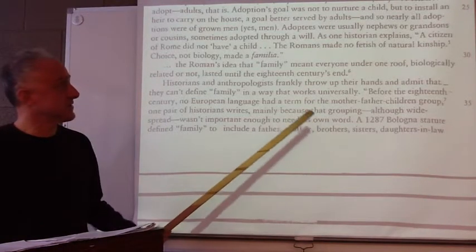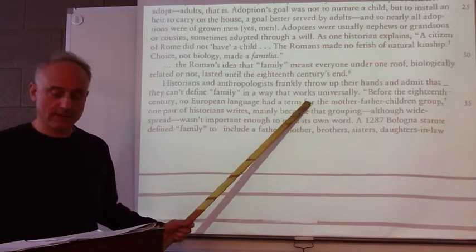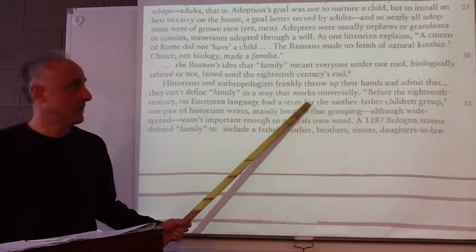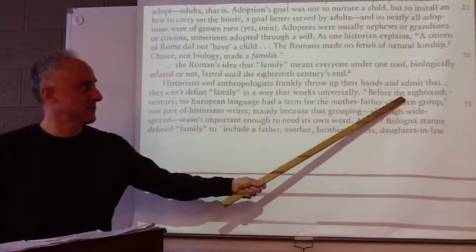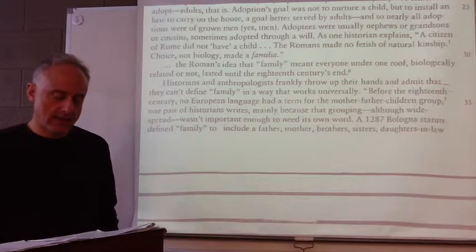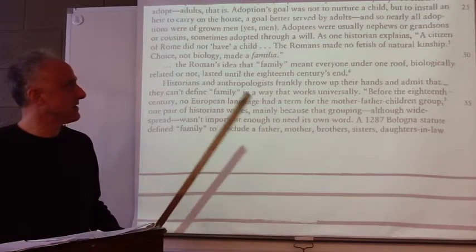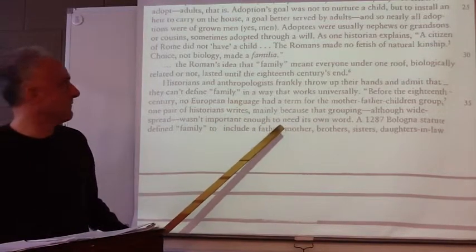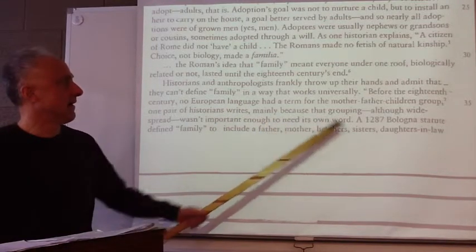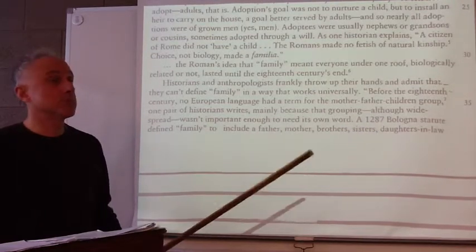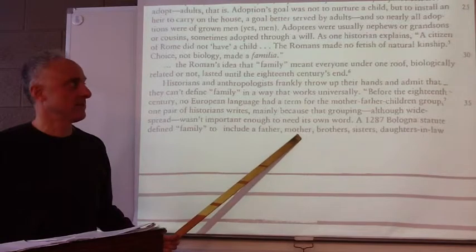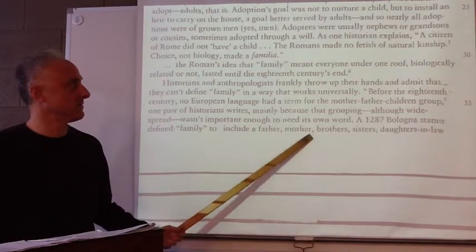The next example is also from Italy, but now we're jumping through time up until the end of the 18th century, the end of the 1700s. And here is an example from Bologna in Italy from the 13th century, where family, this is the atypical example. Mostly family was not blood, but here it was.